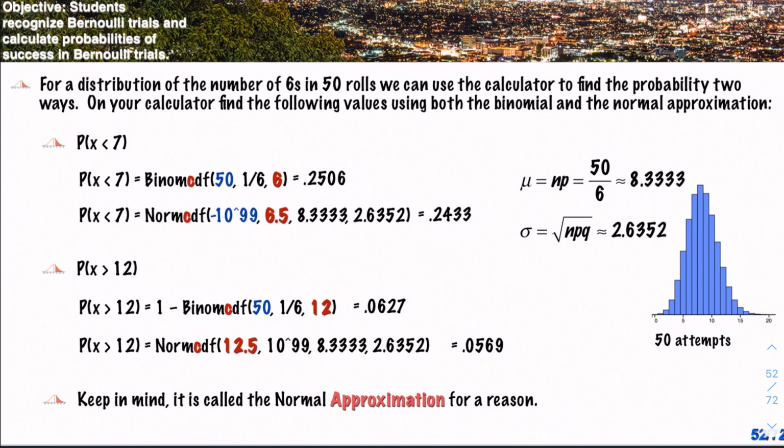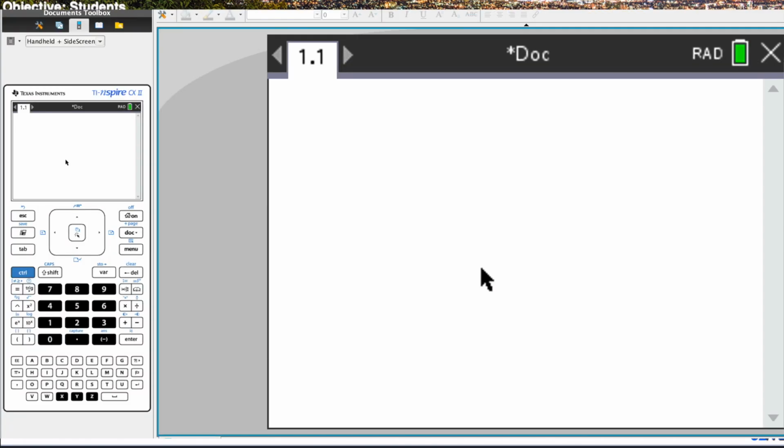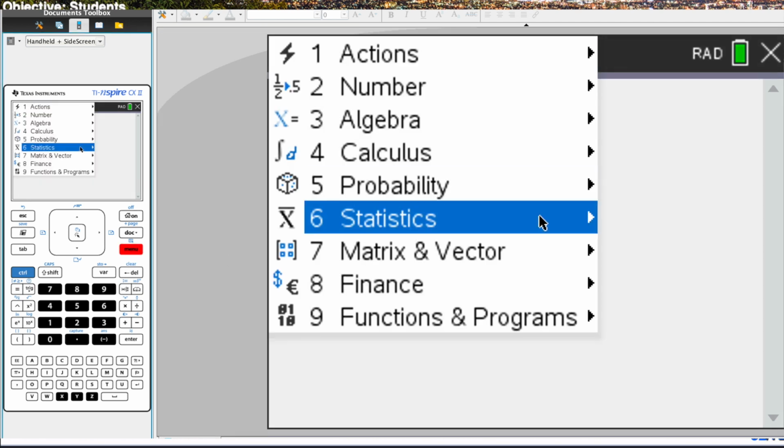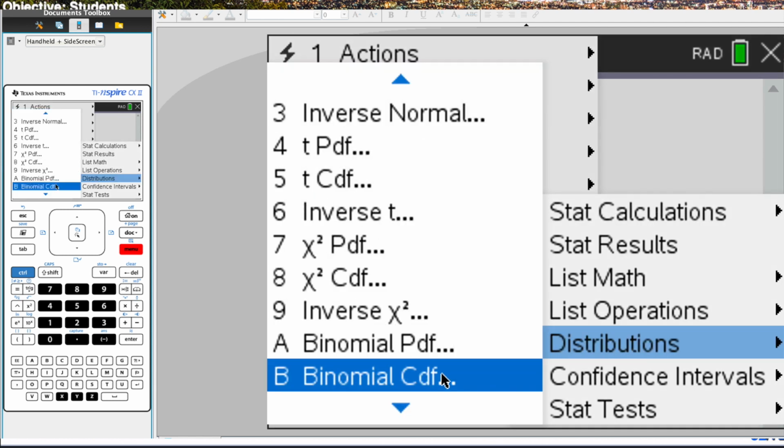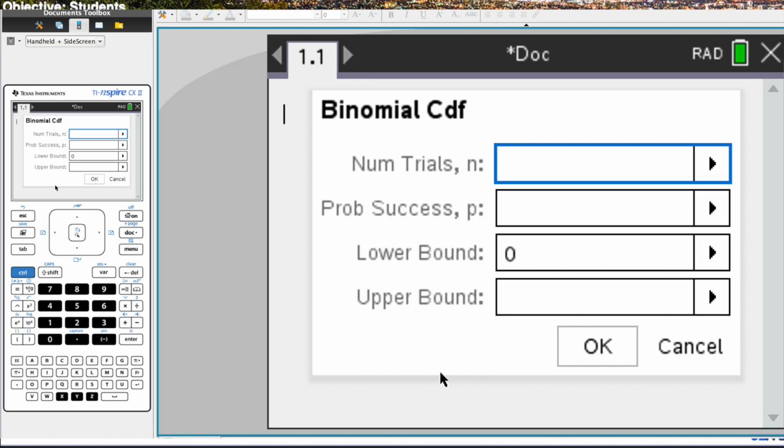For a distribution of the number of 6s in 50 rolls, we can use the calculator to find the probability two ways. On our calculator, find the following values using both binomial and normal distribution. So if I want to find the probability of getting less than 7 6s, I could use my calculator and go menu, statistics, distributions, and then I can go binomial CDF, and I have 50 trials.